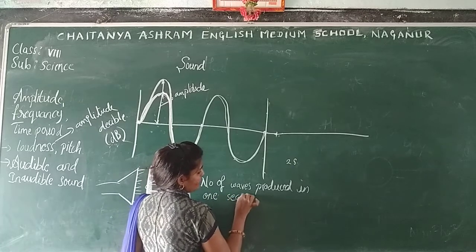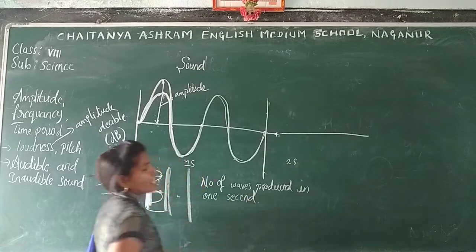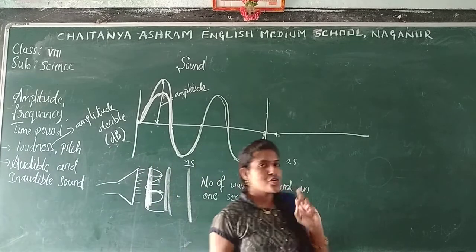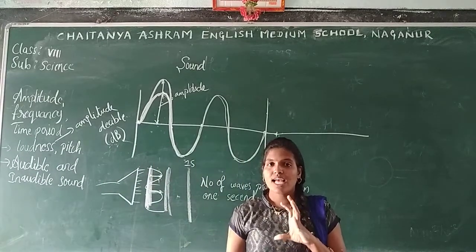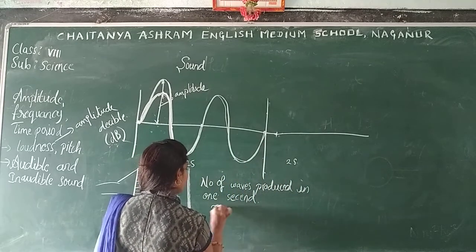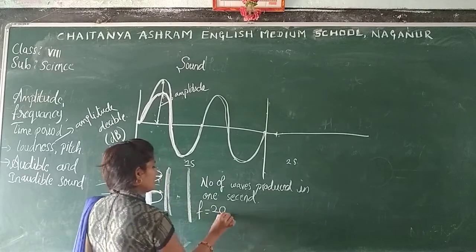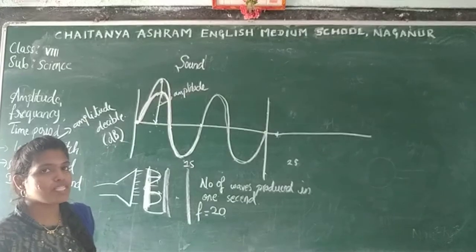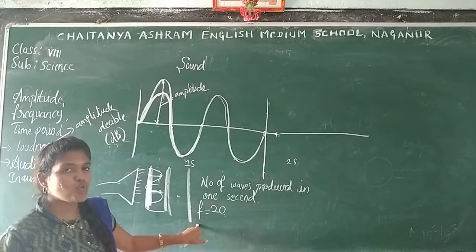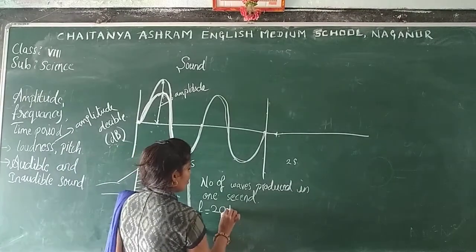If 20 waves are produced in 1 second, we can say the frequency of that sound is 20. The unit we use to measure frequency is hertz.